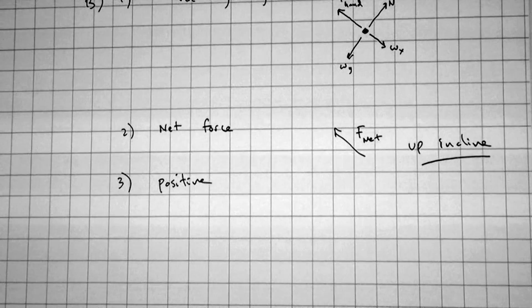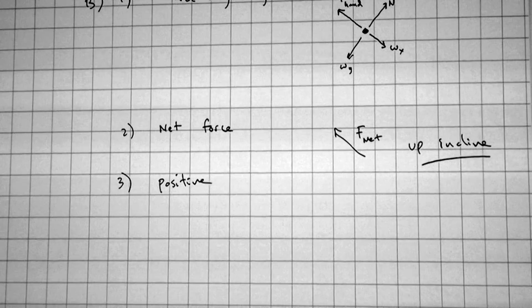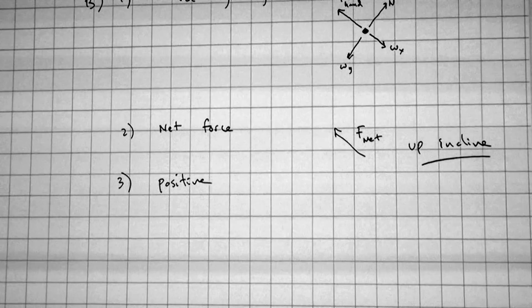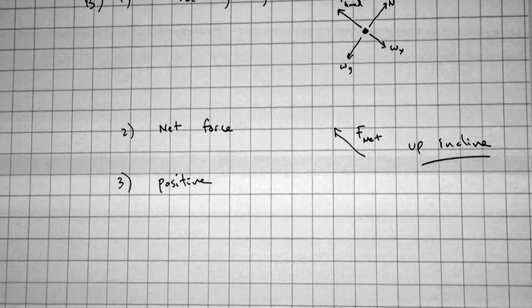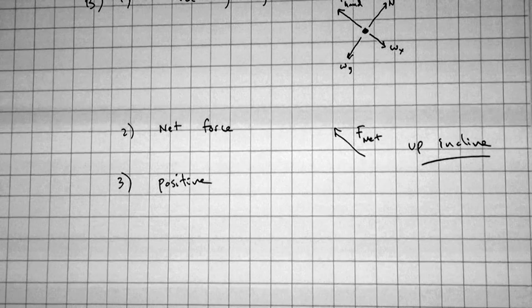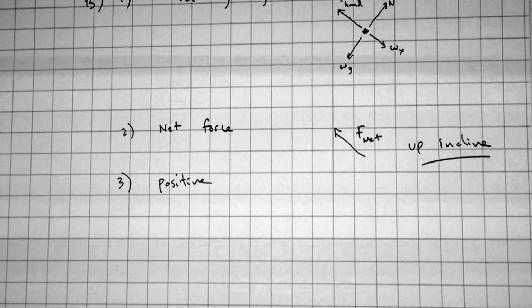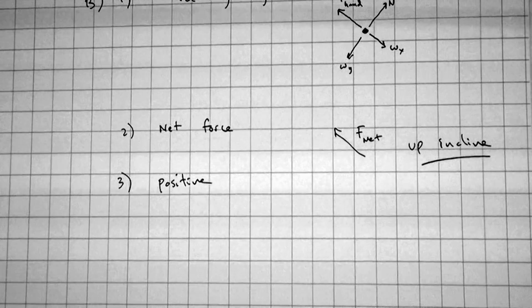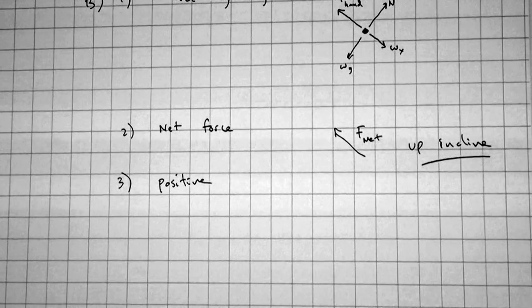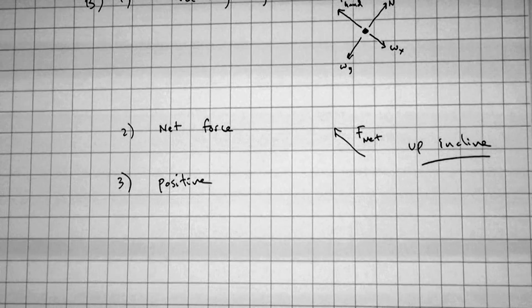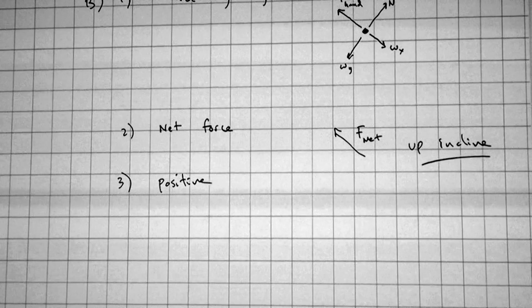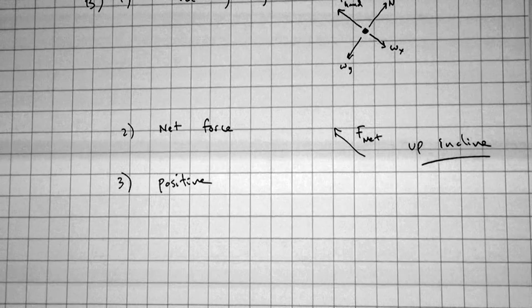And remember, it's a good habit to get into when you're talking about work done on something, fill in the blank, by something, fill in the blank, right? Get in the habit of saying it that way. Work done on the block by the hand. Work done on the block by the earth. Positive, negative, zero?